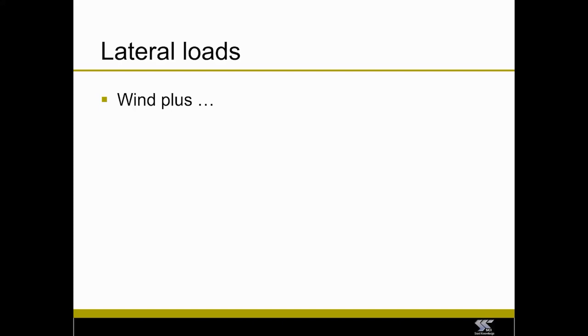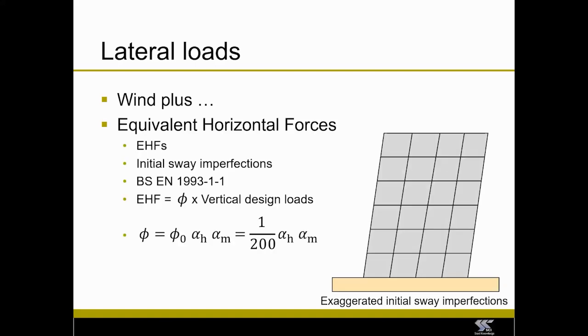But we're not thinking about those sort of things today. But we're certainly talking and considering wind loads, but that's not the only horizontal load we need to consider. We also need to think about equivalent horizontal forces. So EHFs, if you like.